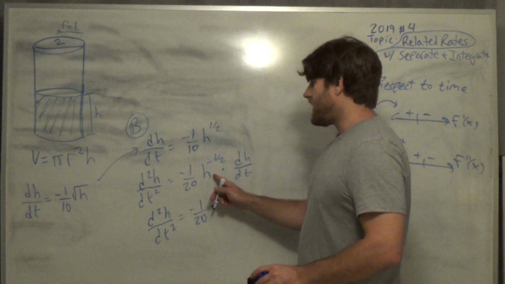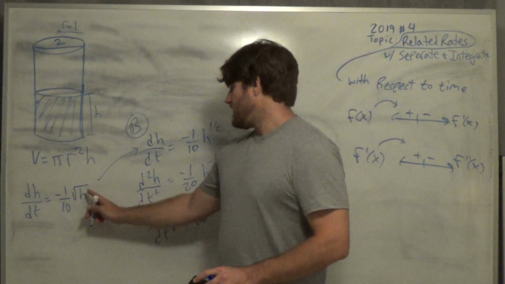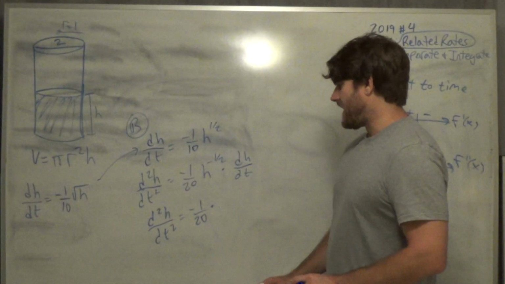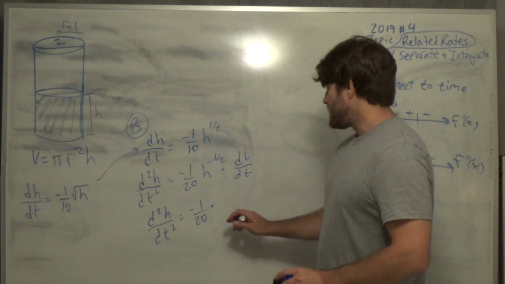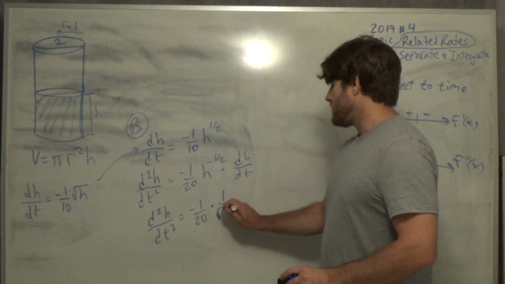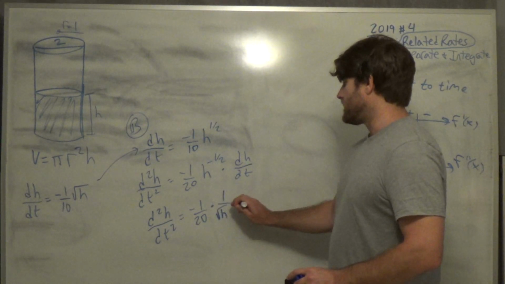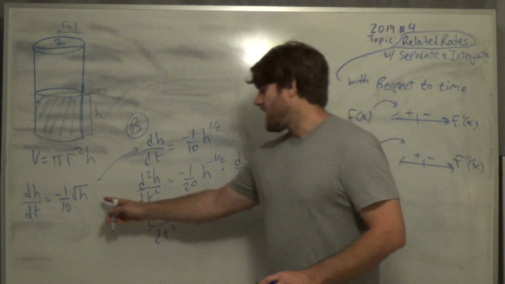I could move that to the bottom if I wanted to. If you move this to the bottom, you'll see that this and this will cancel out. Do we want to do that? Sure. You don't have to, but I'm just going to move that to the bottom just for the fun of it. And then the second derivative is negative 1/10 over the square root of h, times negative 1/10 square root of h.